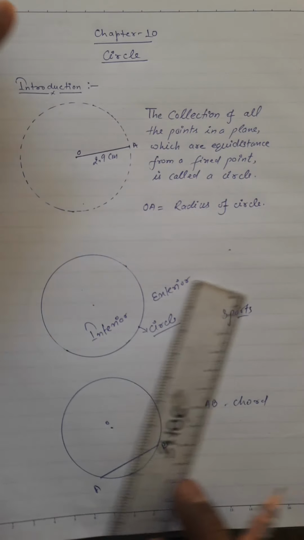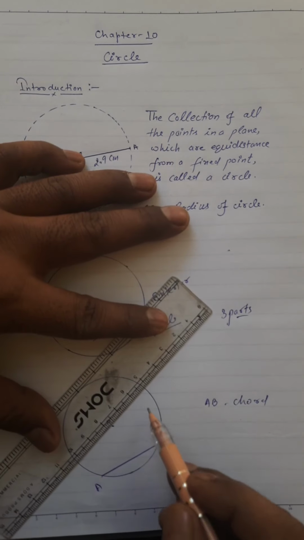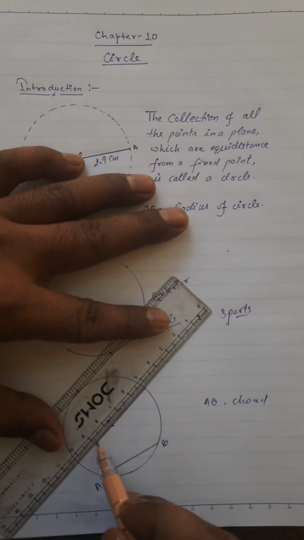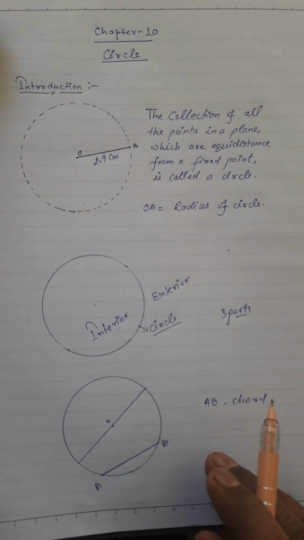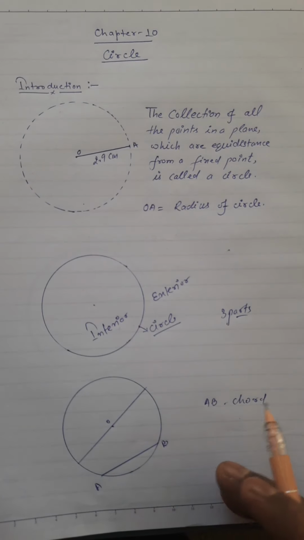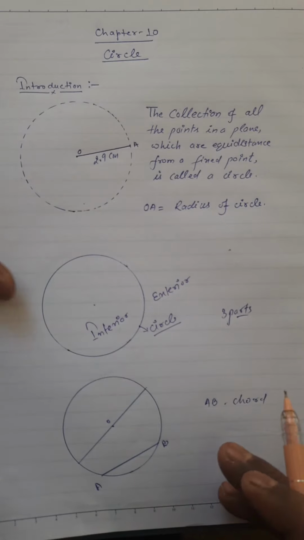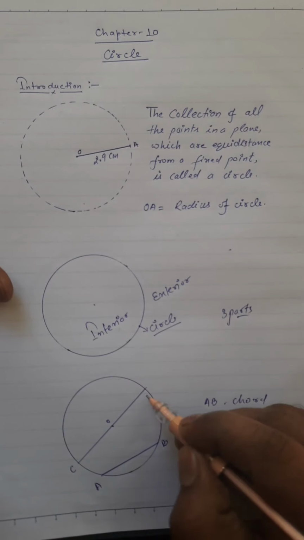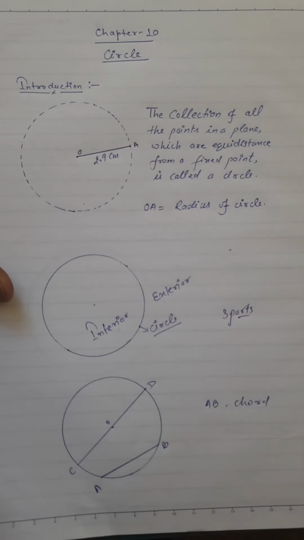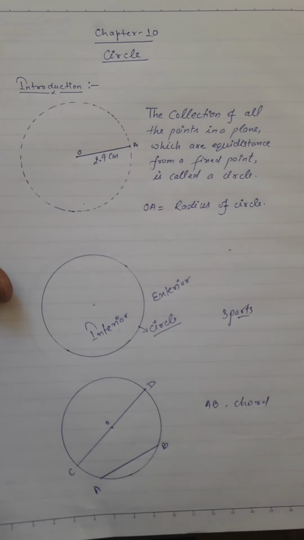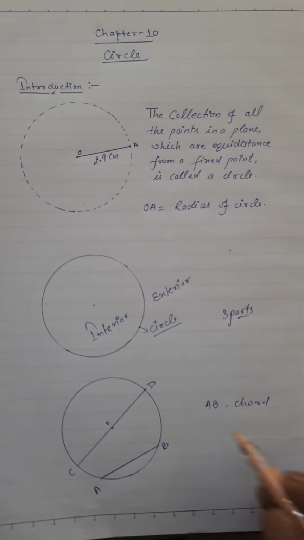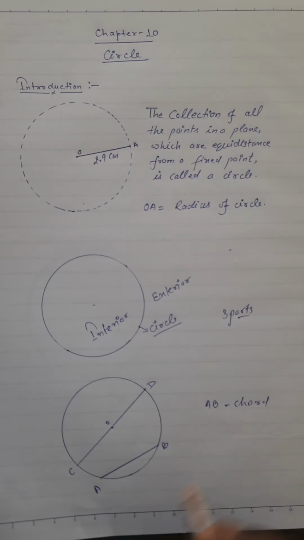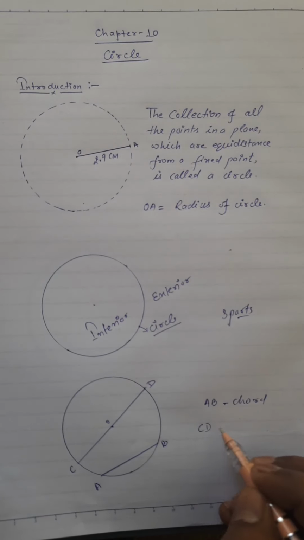Now this is our center O. If I draw a line which passes through the center, and I take the points C and D, then if the line passes through the center O, that is called a diameter of the circle. So CD is our diameter.